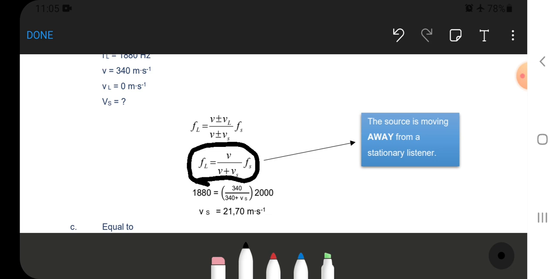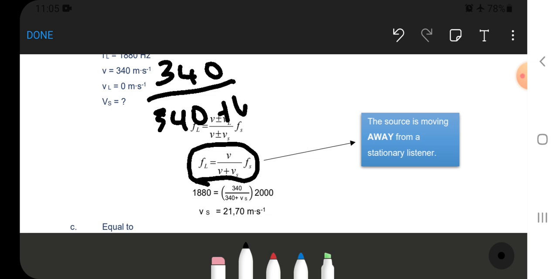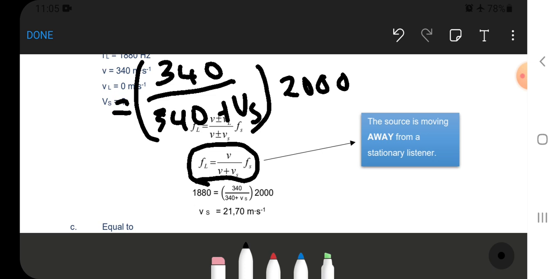So for V, we have the 340. Let's write it here. And then at the bottom, we have 340 plus the velocity of the listener. And then we have 2000 equals to 1080.